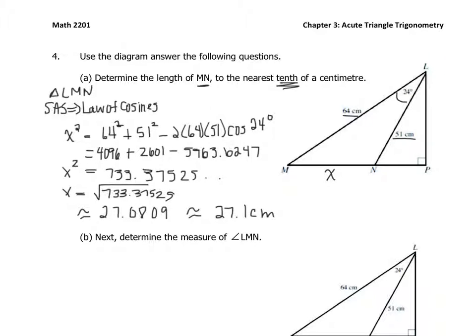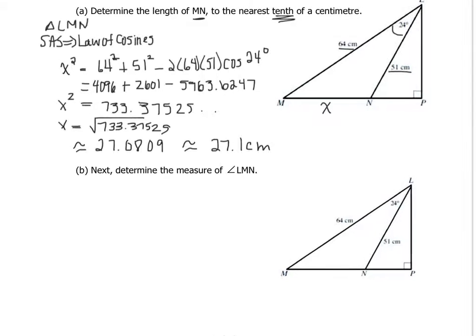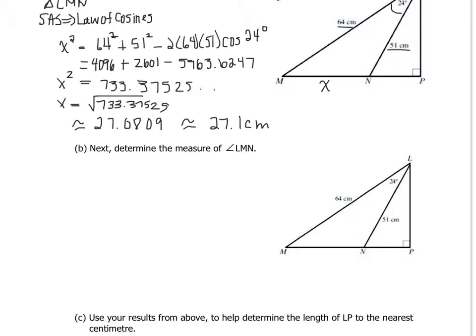Now if we move to part B, they want us to find the measure of angle LMN. And LMN is right here, L to M to N. So we can fill in the 27.1 that we got above, and if we're looking for this angle here now, we can again use the law of cosines because we've got side, side, side.